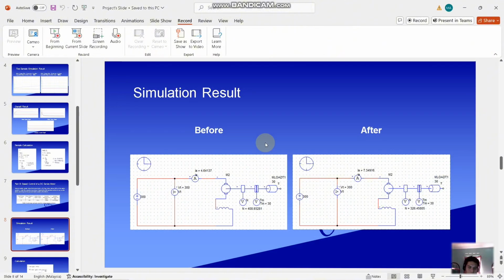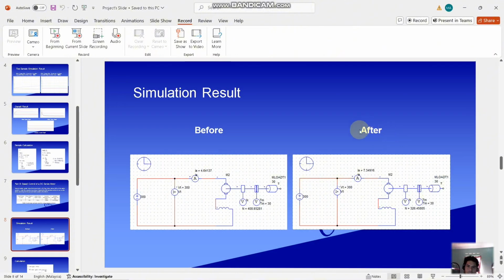The load torque applied is 30 Nm and the motor speed is 408.93 rpm. At this stage, the resistance is still at 2 ohms and the motor operates at its initial speed.